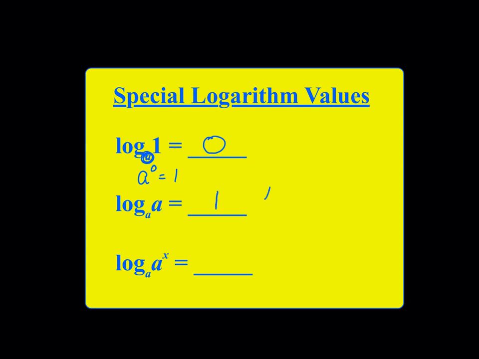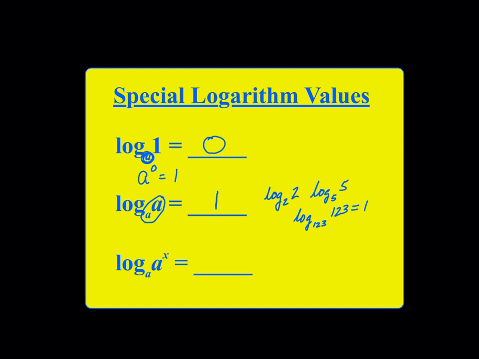So that means, for example, log base 2 of 2 would equal 1 because 2 raised to the 1st power is equal to 2. Or you might have log base 5 of 5, that's equal to 1. Log base 123 of 123 is equal to 1. So as long as these two numbers are the same number, this is equal to 1.